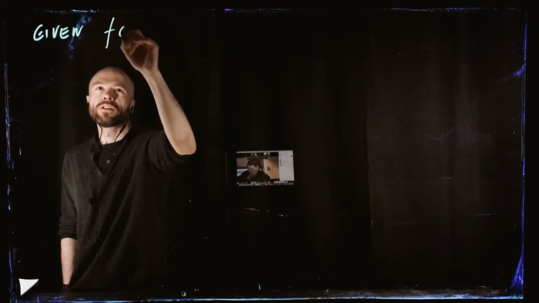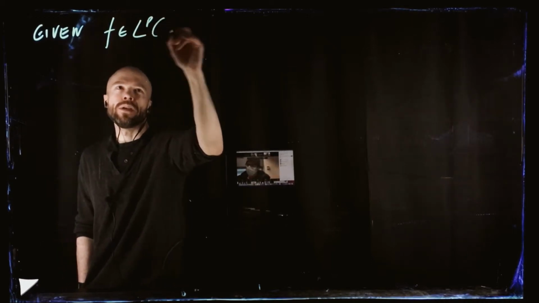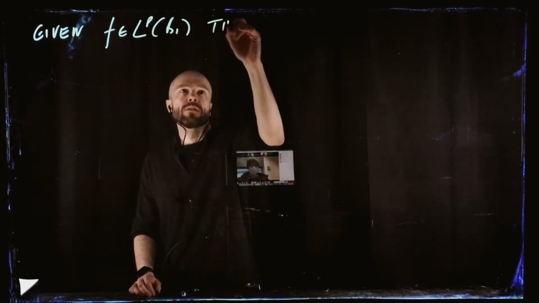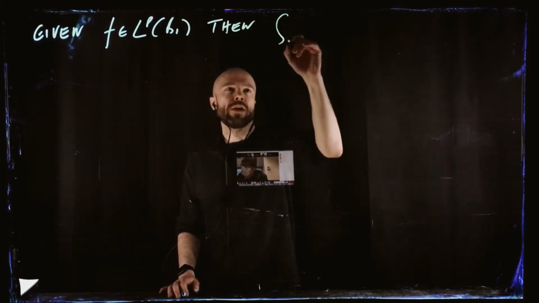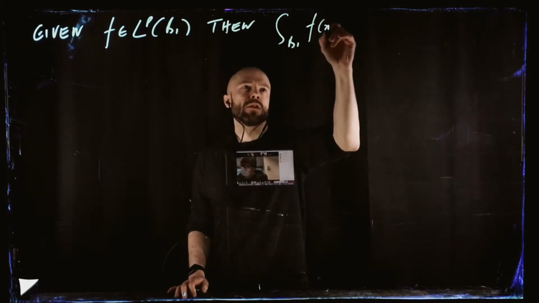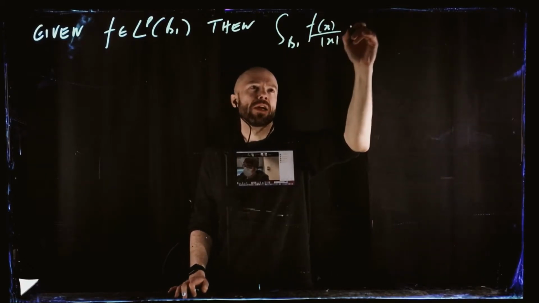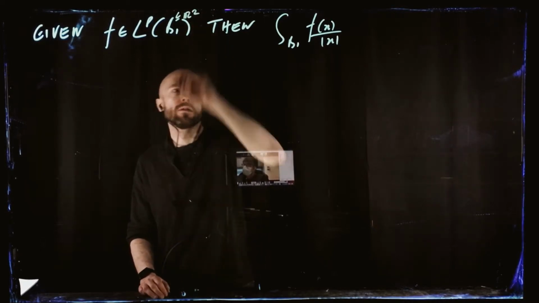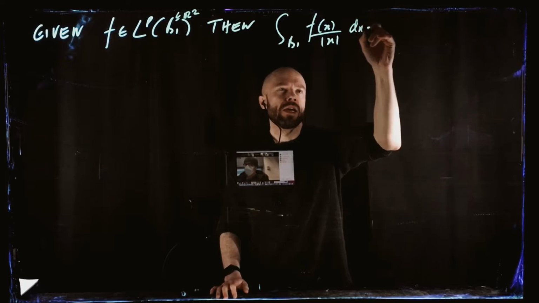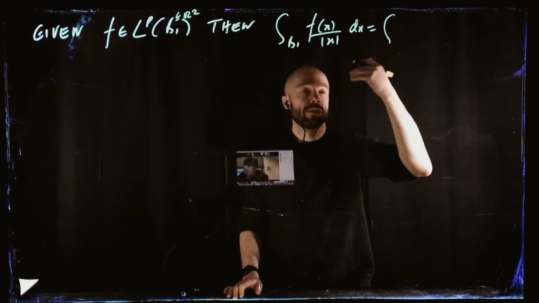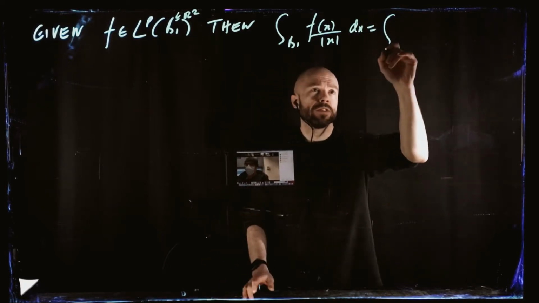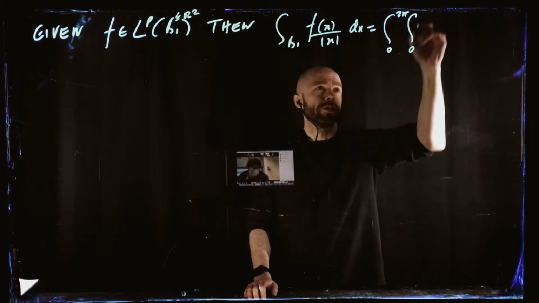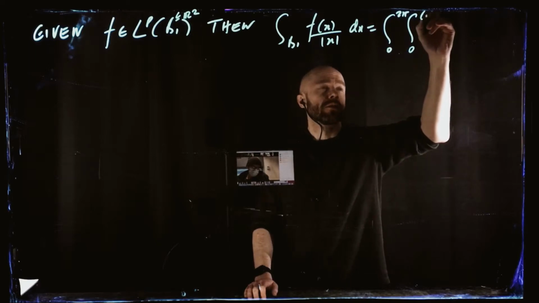Given a function f belonging to L^p on the ball, if we integrate over the ball f of x over the absolute value of x, this is in R^2, dx, then we can decompose it with this Fubini-type formula, which is actually the coarea formula or integration in polars, like this.